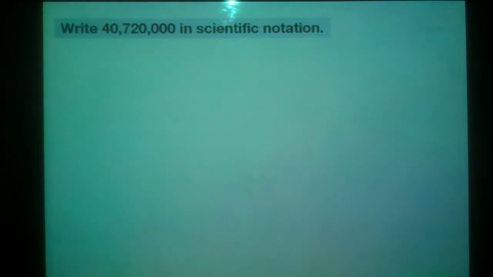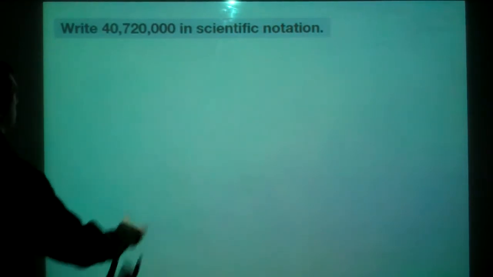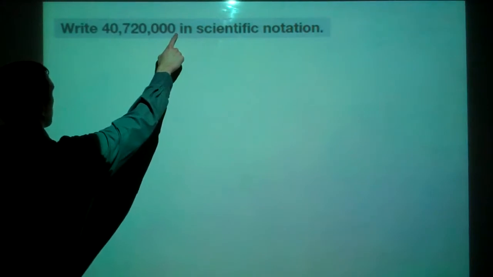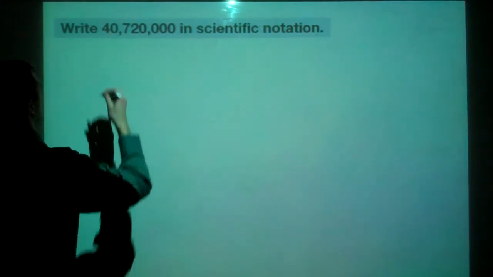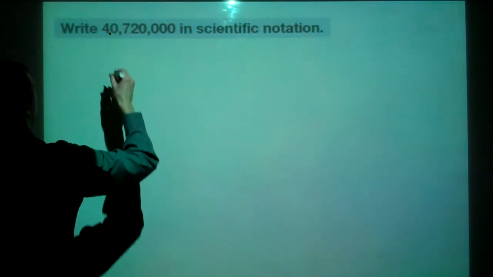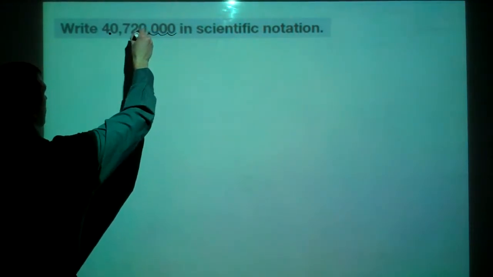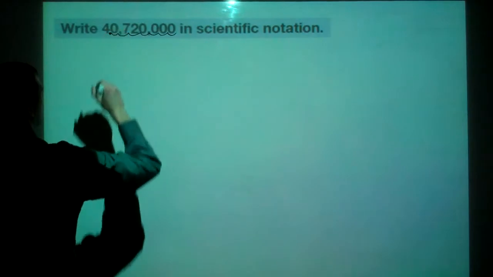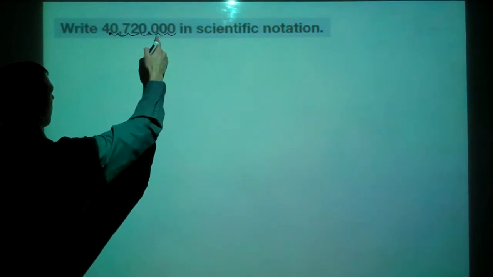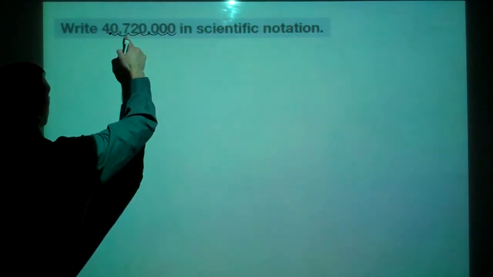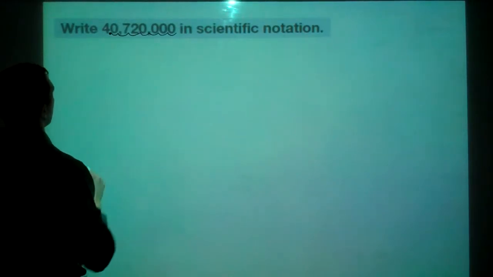40,720,000 in scientific notation. Okay, so the decimal is right here. We want to get it to right here. Let's count. 1, 2, 3, 4, 5, 6, 7.